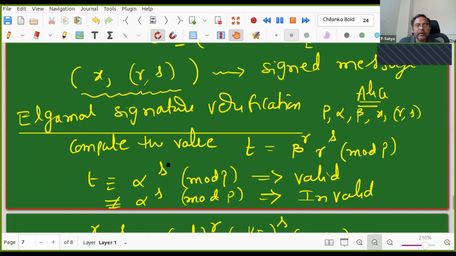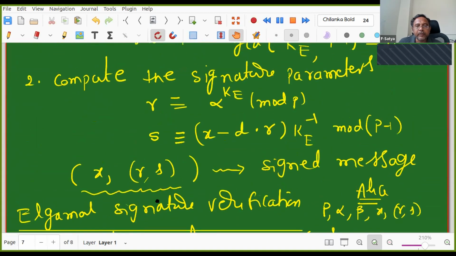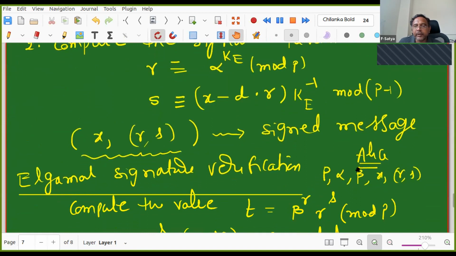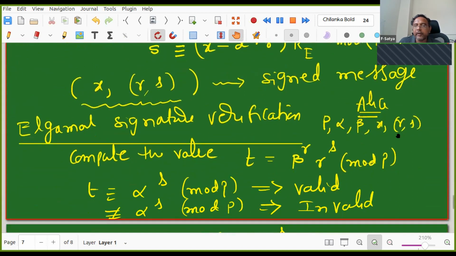So Lis has P, alpha, beta, X, and R comma S as a pair. You cannot interchange or separate R comma S. The pair is very important because in the S computation, R is used. So it has to go as that pair only.